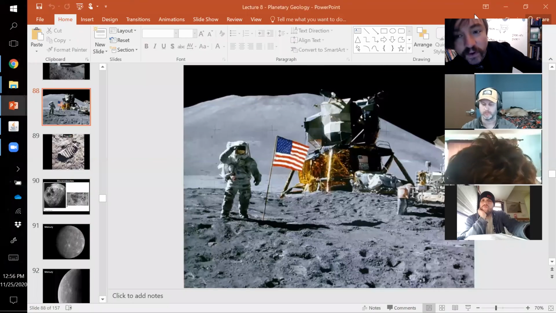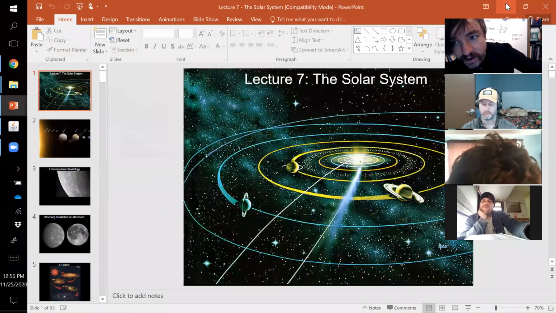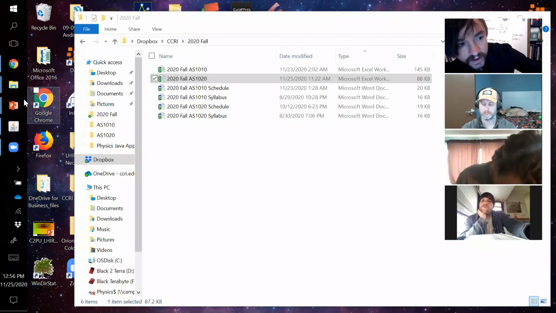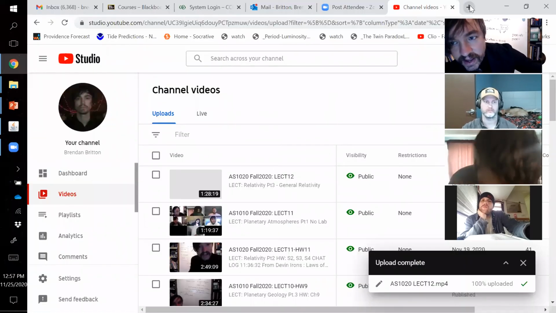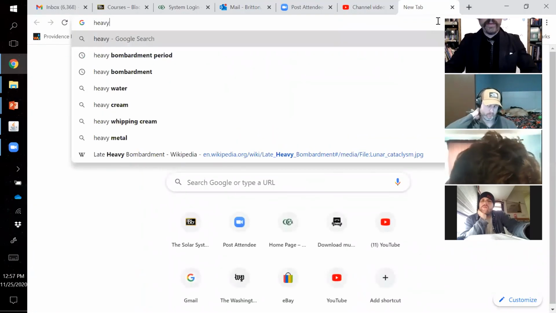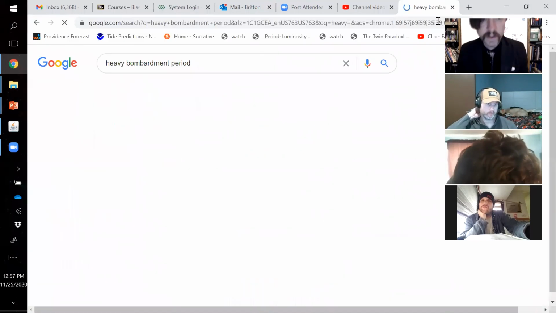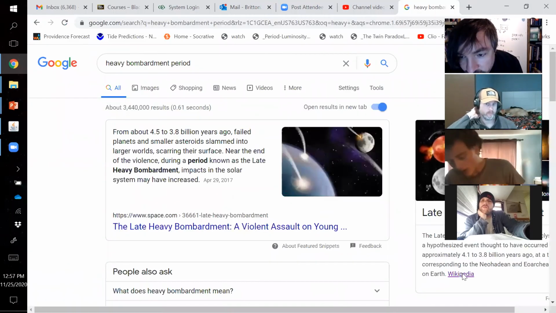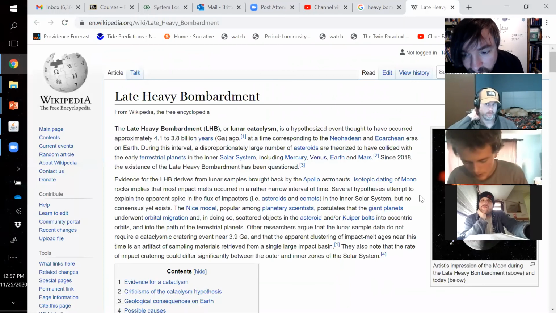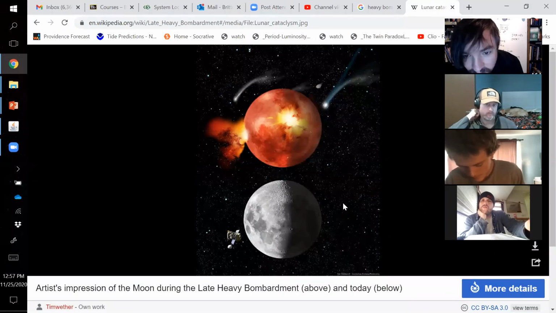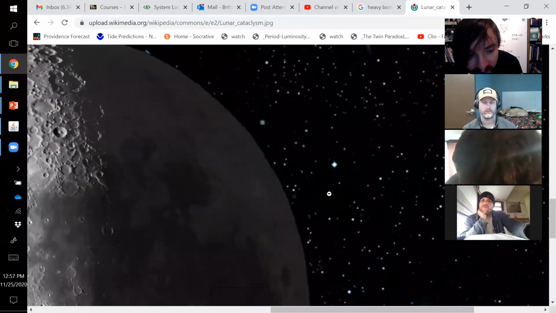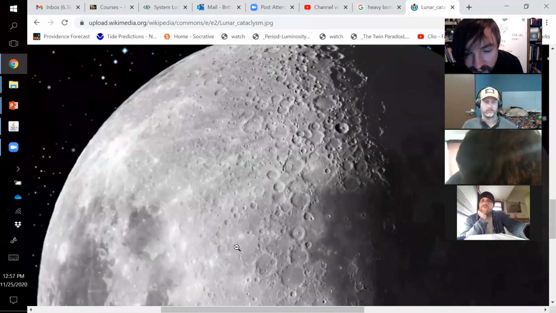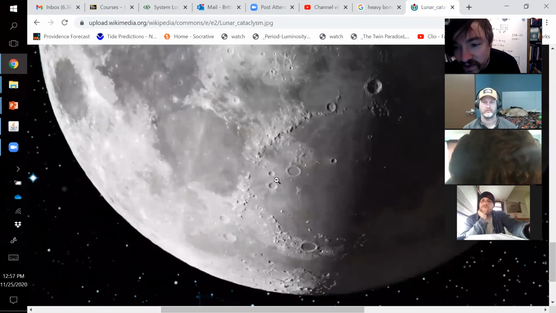Do you know what the Earth probably looked like when it first formed? The Earth didn't form with an atmosphere, did it? It didn't look the way it does today when the Earth first formed. It probably looked a lot less like the Earth and a hell of a lot more like the moon, except it probably looks like the moon with volcanoes.